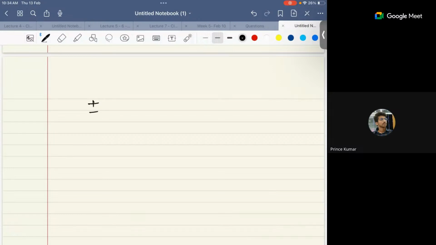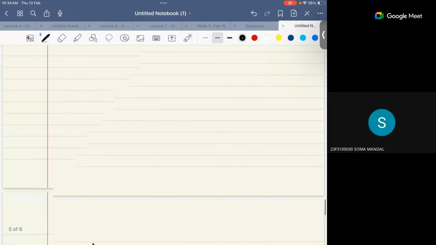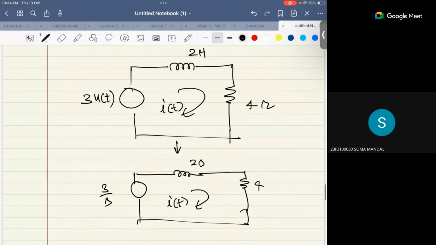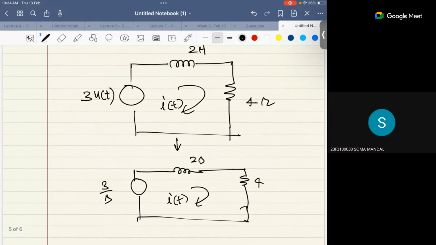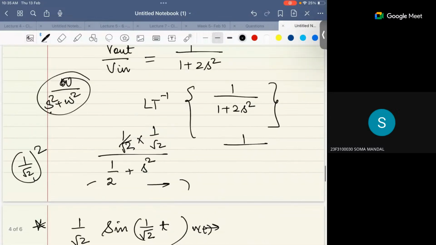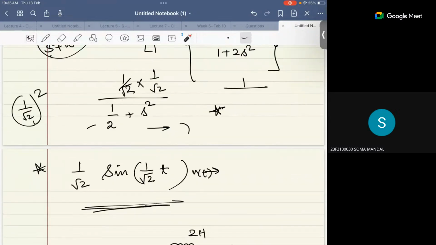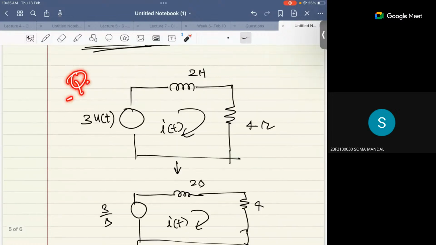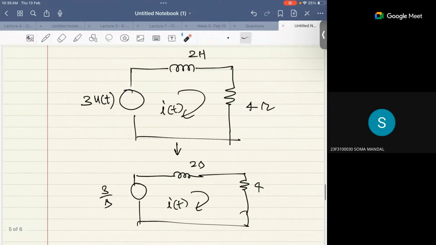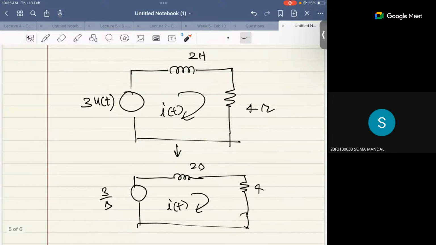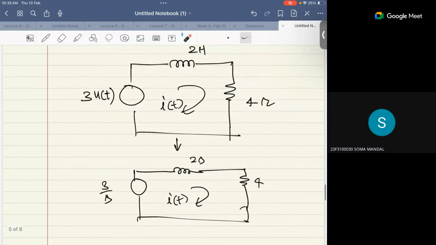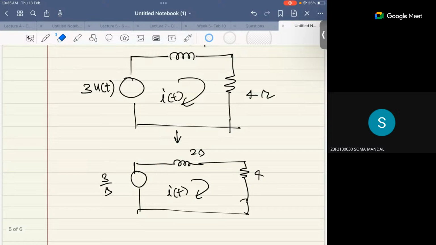Sir, in the previous one, after the Laplace transformation of the circuit, in this question or the last one? This question, right? After the Laplace transformation of the circuit, the current will be I of S in the circuit. Yes, the current will be I.